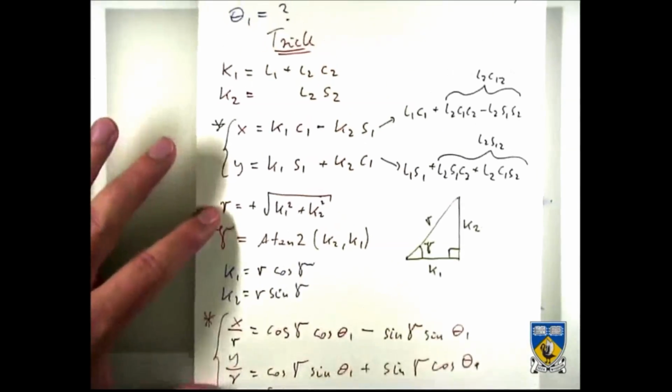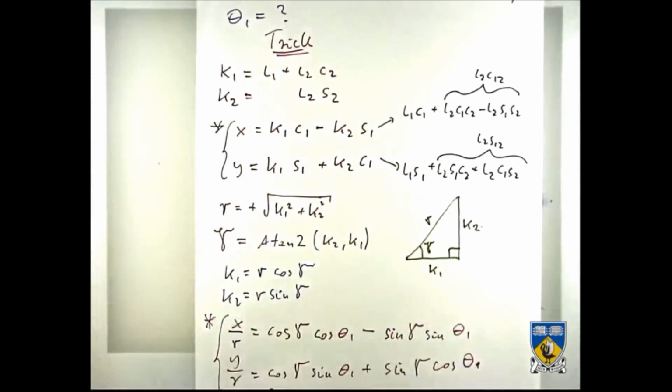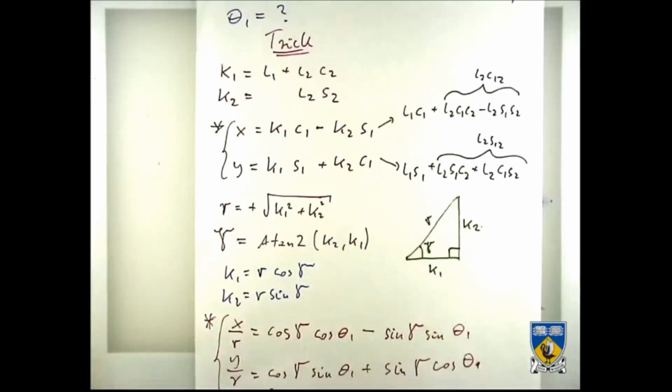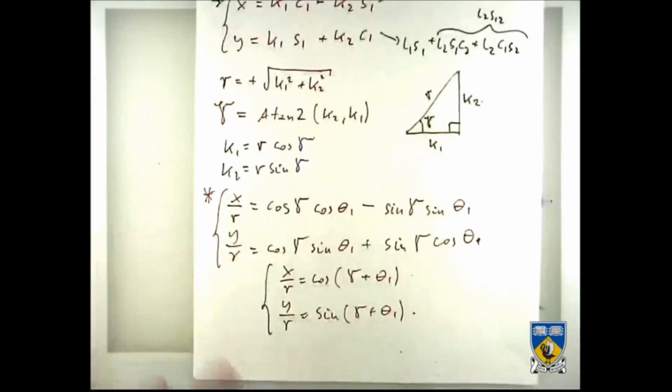Now, somebody who studied trigonometry may remember what these right-hand sides are. Okay? These right-hand sides are equations for the cosine and sine of sum of angles.